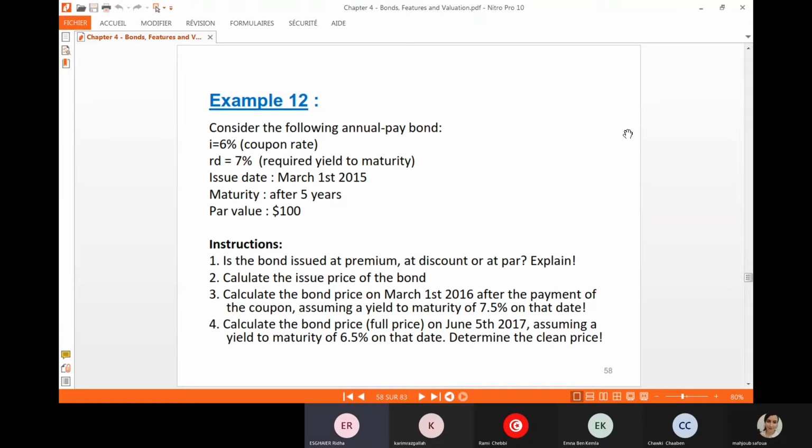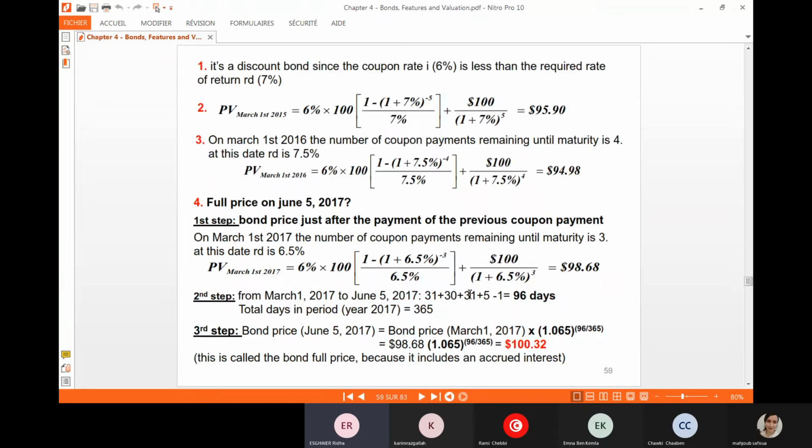So we will use the new required rate of return, and now the number of coupons to be received by the bondholders is 4 coupons, because we are computing its value 1 year after the issuance. So the number of coupon payments until maturity is 4 here.